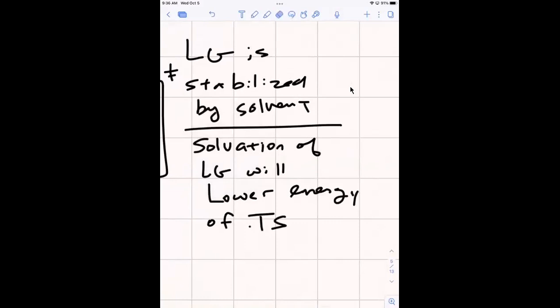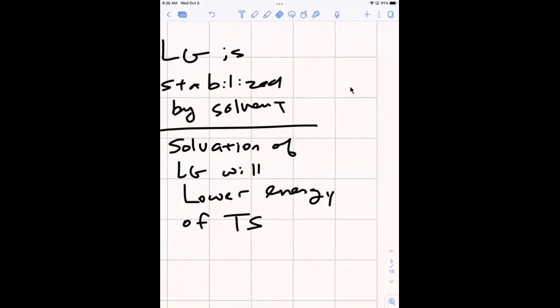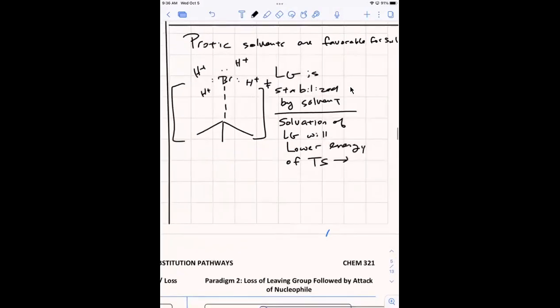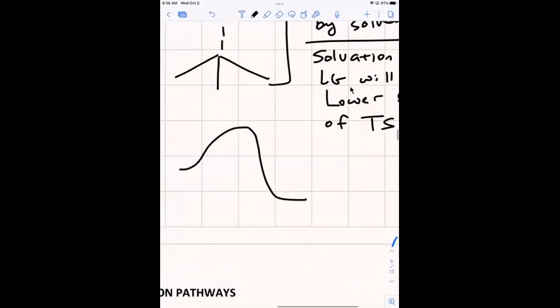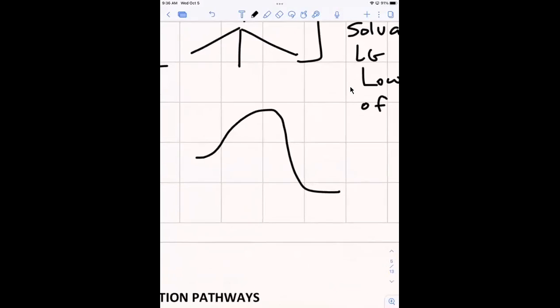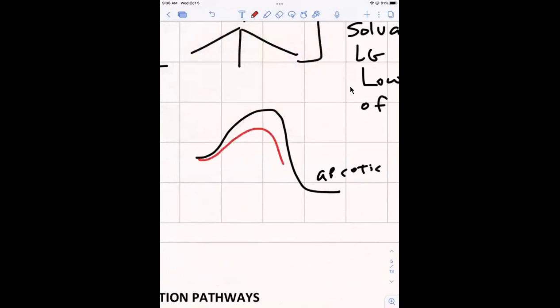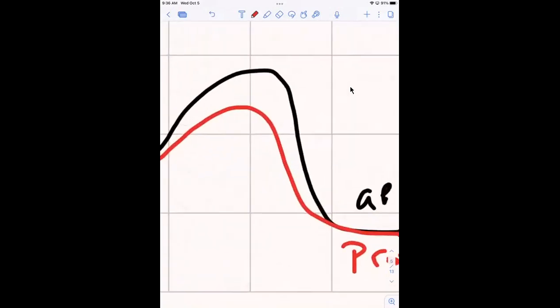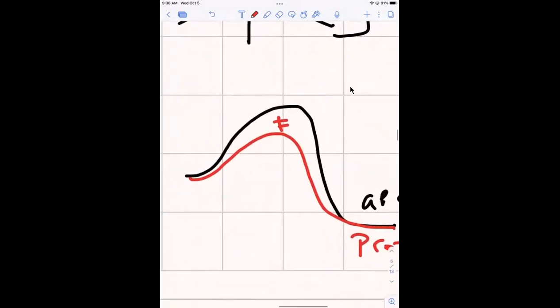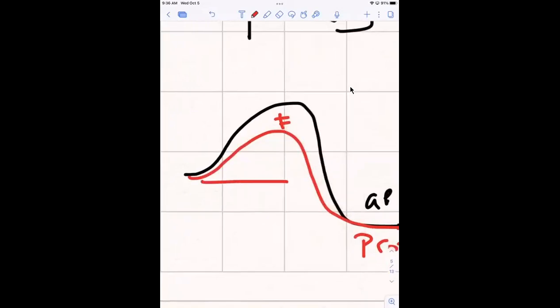So it's going to lower the transition state energy. And if I lower the energy of the transition state, what else is going to get lowered? Right? If I do this here, that's my, so this would be A. Go ahead. Energy, the say again. The activation energy. Good. So if I do this in an aprotic solvent and then I do it in a protic solvent, if I lower the energy here, then I'm also lowering the activation energy. Good.